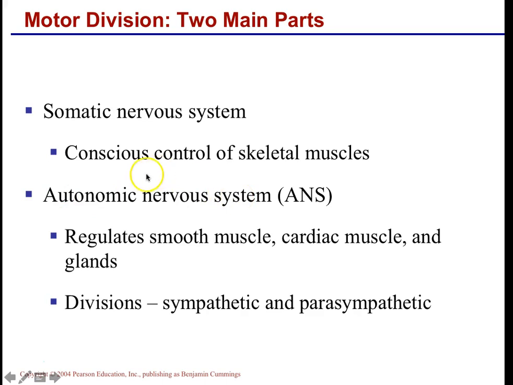It has two branches, the sympathetic and the parasympathetic. And again, that's not what I'm going to cover. It's something that you learned before, and it's fairly straightforward. In general, sympathetic tends to be about action, and parasympathetic tends to be about relaxation.